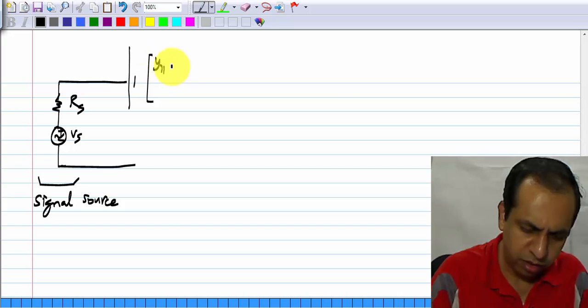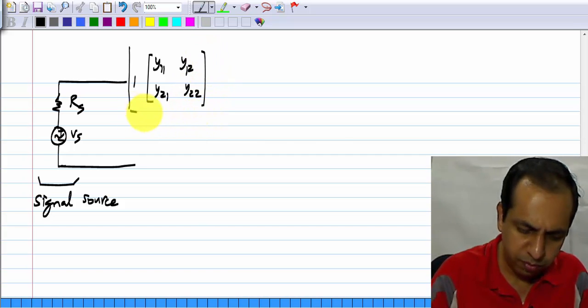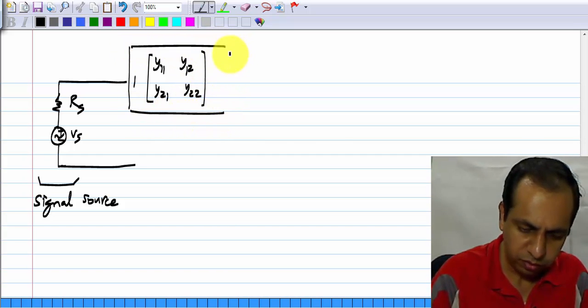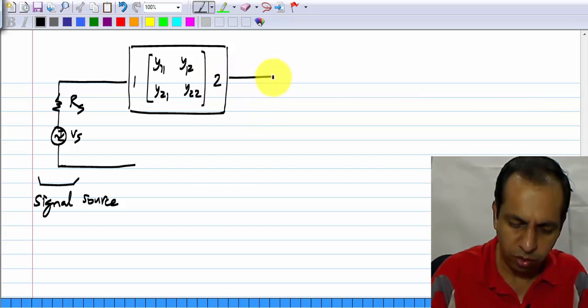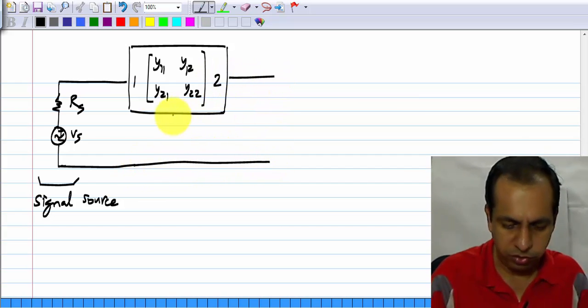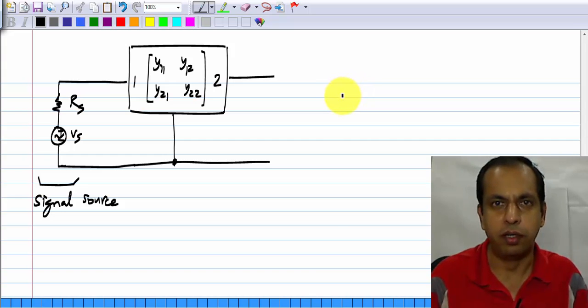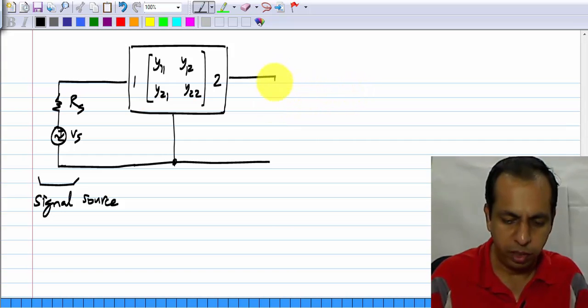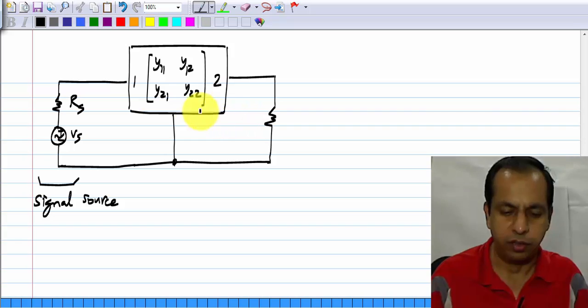Now we connect that to a linear two-port, which we know is the incremental equivalent of the nonlinear two-port, because we have already established that we need a nonlinear two-port to have incremental power gain.